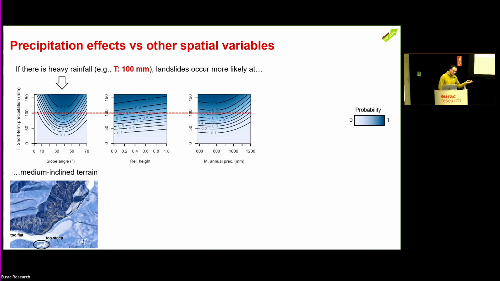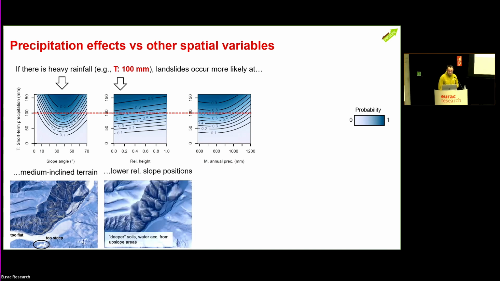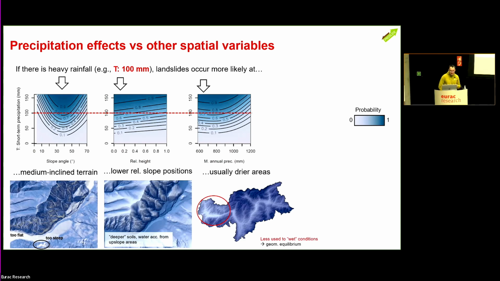So the terrain must not be too flat, obviously, but also not too steep where no soil cover is available. At relatively lower slope positions where we might find deeper soils and more water accumulated from upslope areas. And also in usually drier areas. So for instance, in South Tyrol, this is the western part, the drier areas that experience or are less used to wet conditions compared to areas that are quite adjusted to those wet conditions.